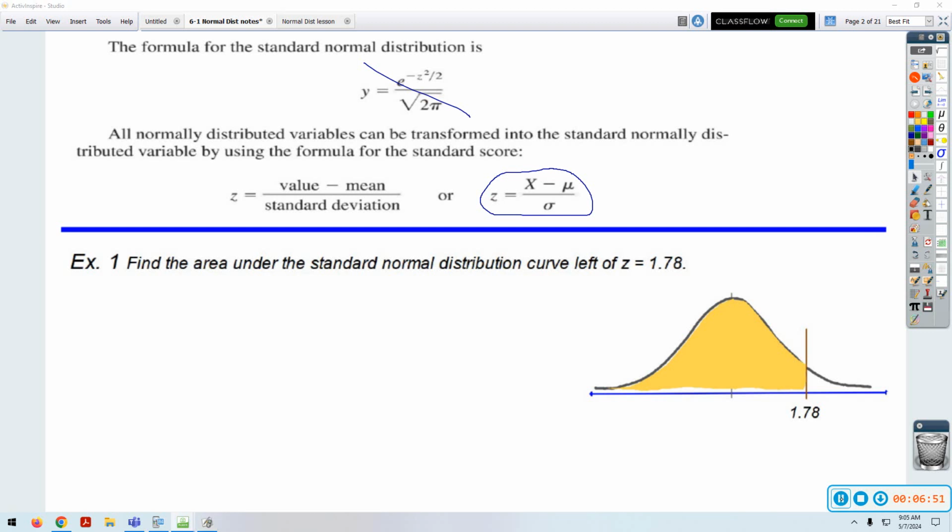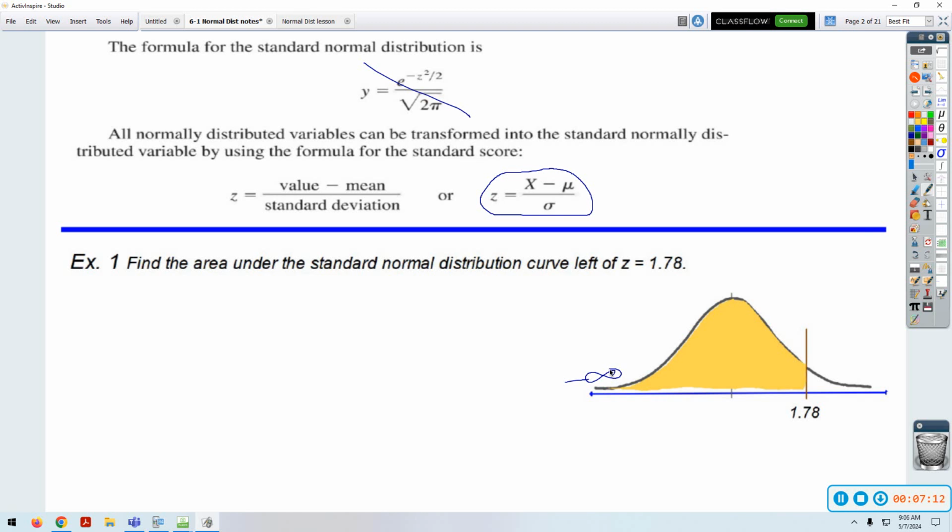Here we have a normal distribution, and I have already shaded everything from the left, which is like negative infinity, all the way to the left, up to the z-score that is 1.78.